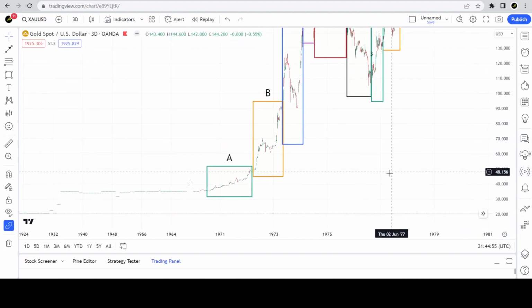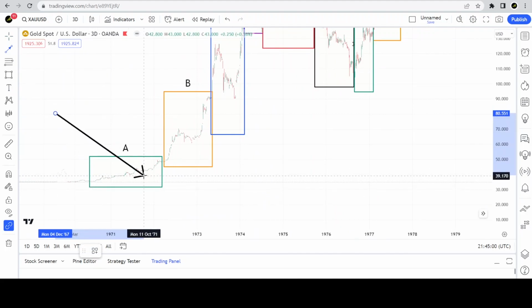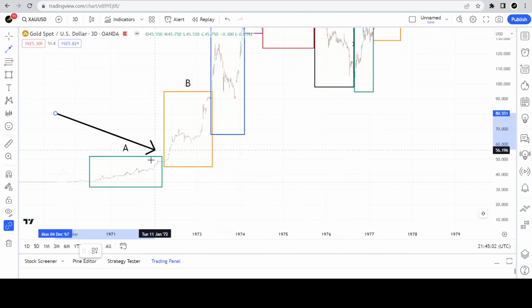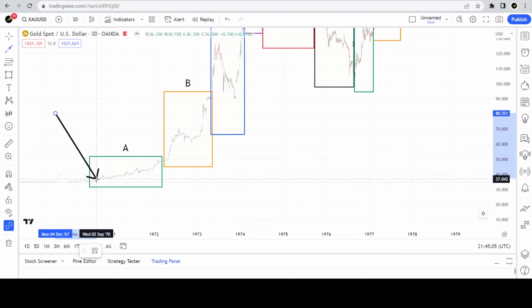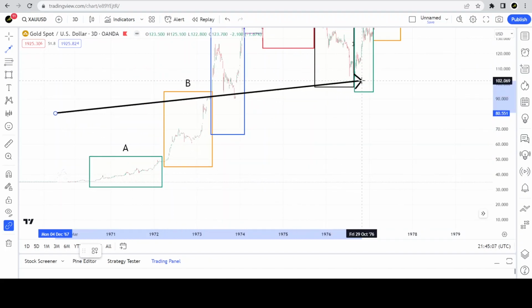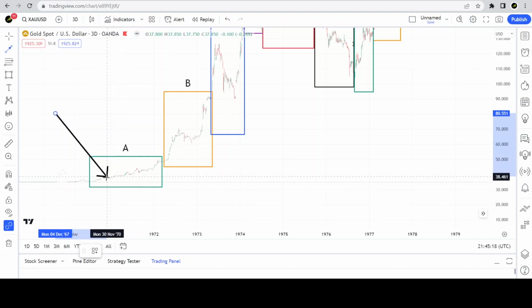So in other words, A here took a long time compared to this time, so I'm going to have to adjust the timing on when I copy and paste it. It was also, the A here got much more airtime than compared to here, went much higher, faster, so I'm going to have to adjust for that. Once those adjustments are made, we should see some commonalities.